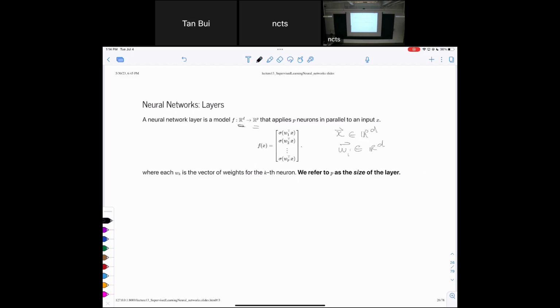And then we just say the bias bi is 0. Notice that the key thing is that sigma takes R to R, and when it sees a vector, it acts component-wise. This is important.